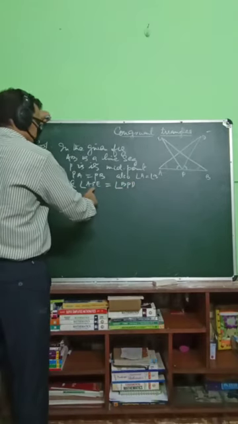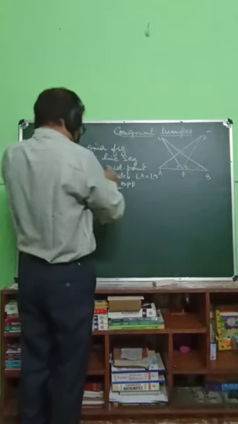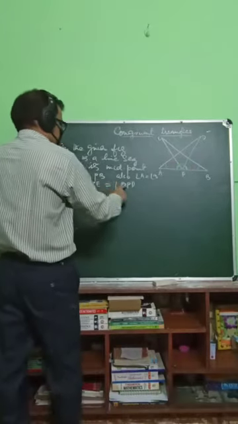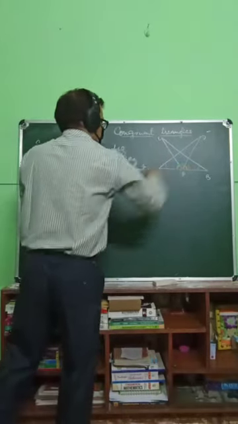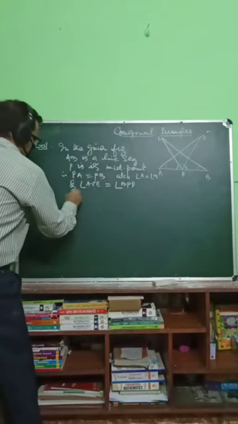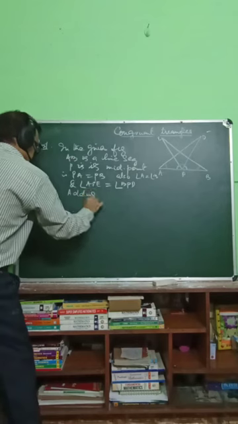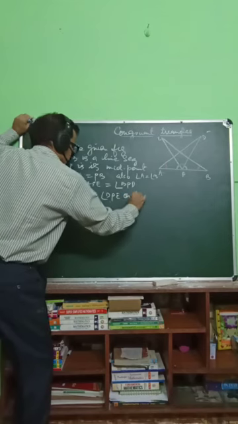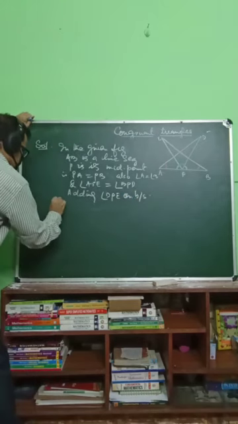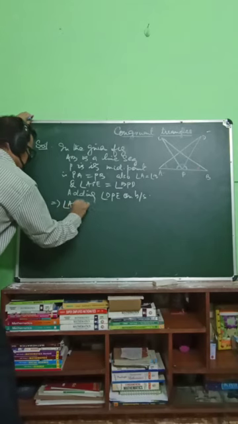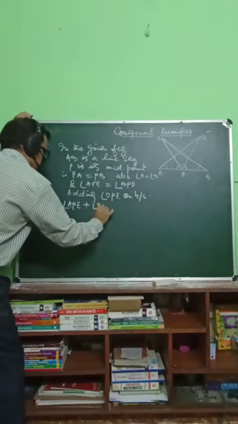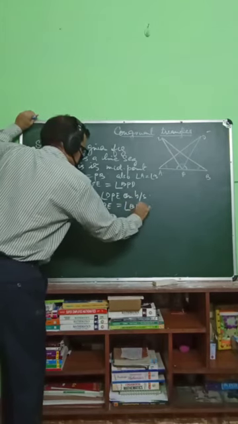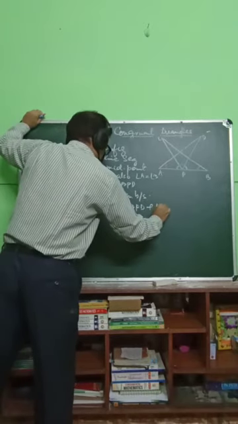We add angle EPD to both these angles, and adding angle BPE on both sides, this implies angle APE plus angle BPE is equal to angle BPD plus angle BPE.